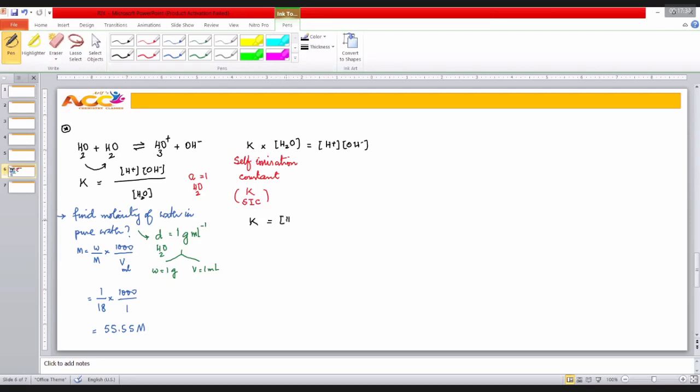Therefore, people call this the ionic product of water. Today our heading is ionic product of water. And its symbol is Kw. Ionic product of water, it is called Kw. Okay, nice.